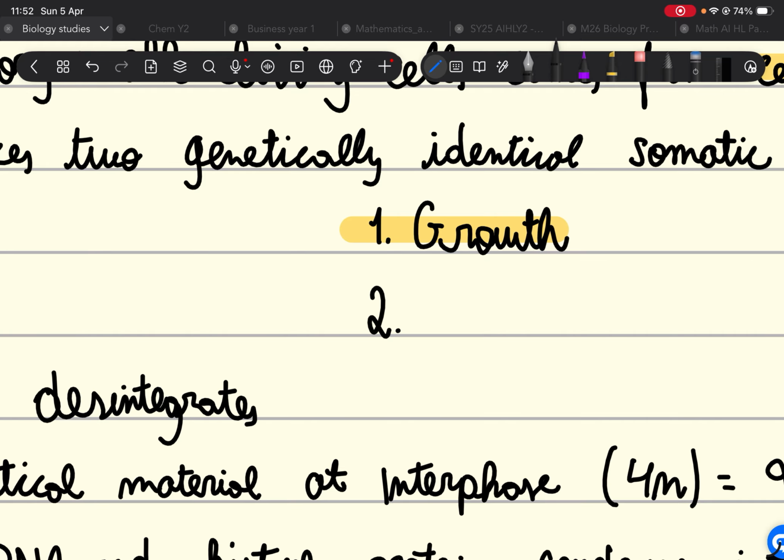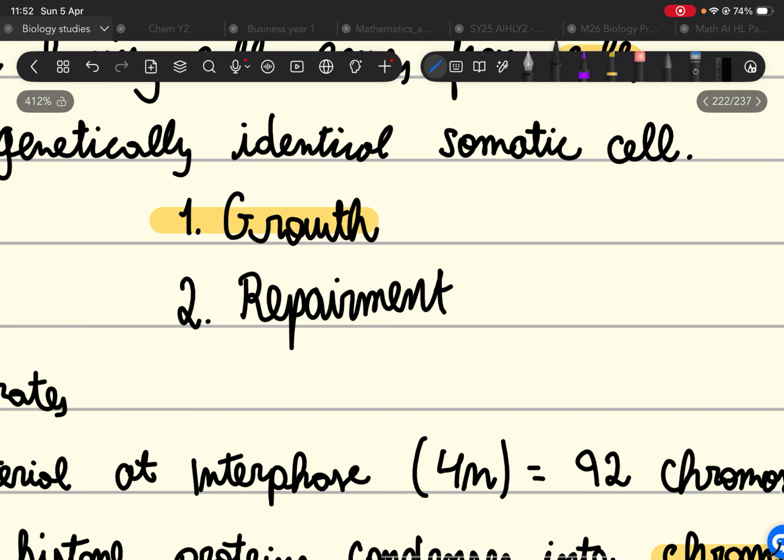Next, we have the repair of tissue. When you get a cut, in 1 or 2 weeks it's basically gone. The blood clot already formed, but another layer of skin cells was made, right?